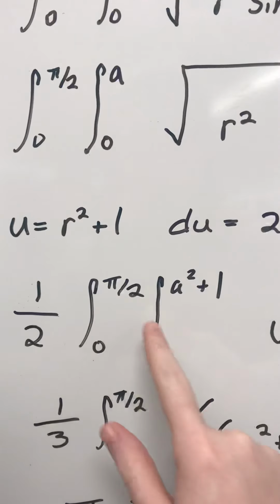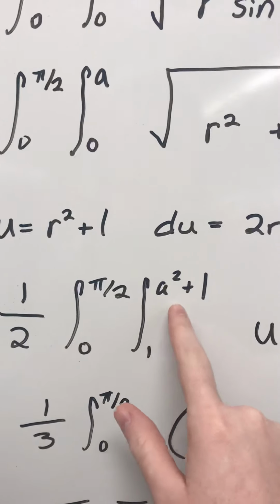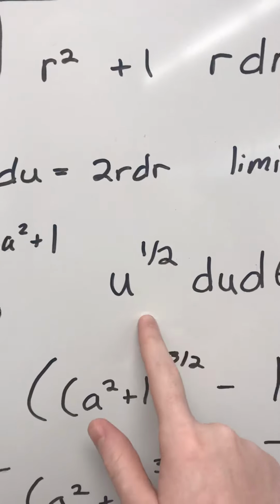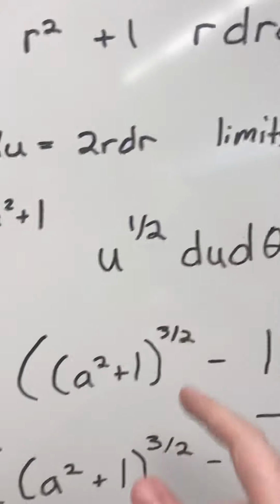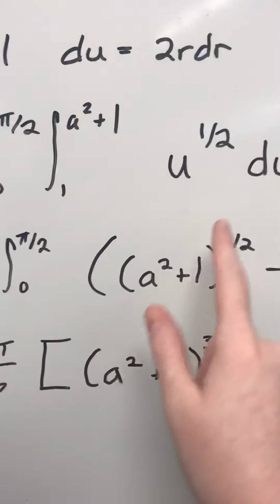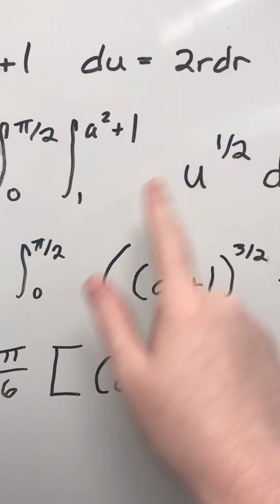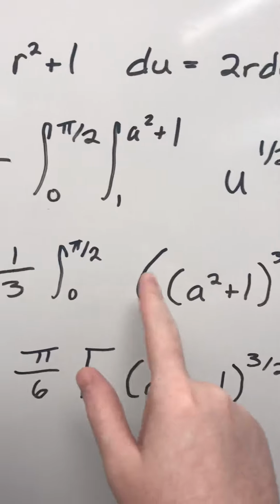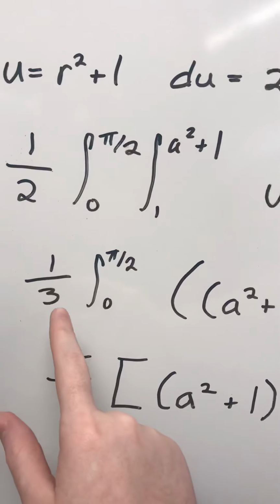From 0 to pi over 2, 1 to a squared plus 1 of u to the 1/2 du d theta, which becomes 1/3, because when I took the integral, this became 2/3 u to the 3/2, and 2/3 times 1/2 is 1/3.